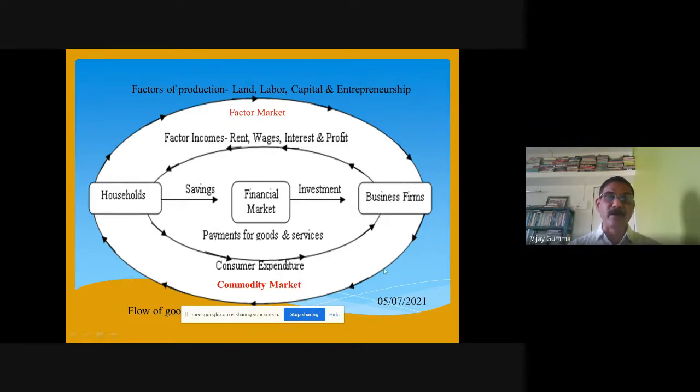When we combine the real flow of goods and services and money flow, we get one circular flow of income and expenditure. This is known as circular flow of income in a two-sector closed economy.